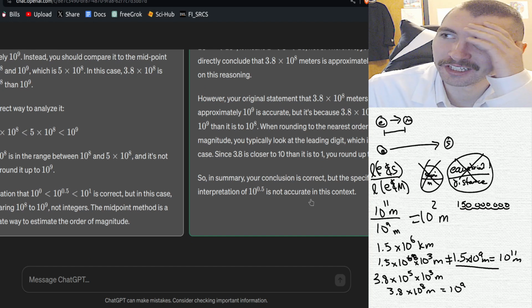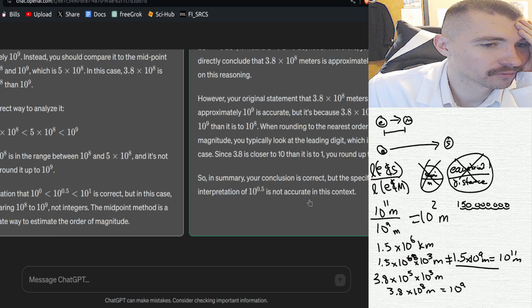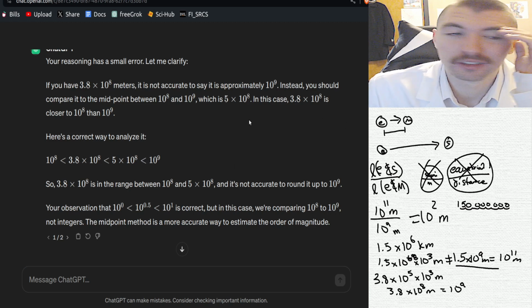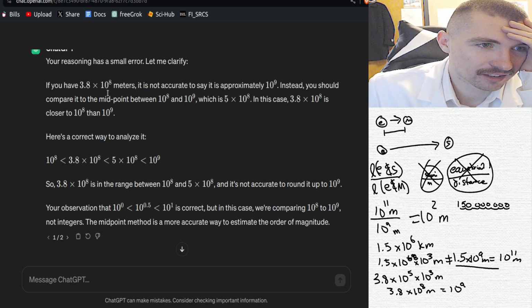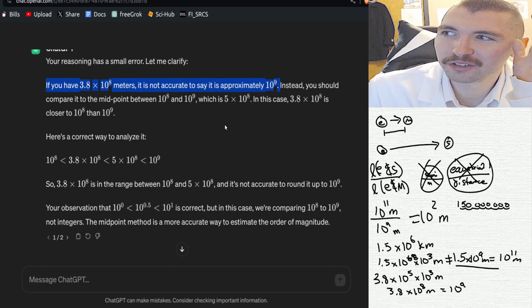Oh man, this is head splitting. I think this makes more sense. If you have 3.8 meters, it's not accurate to say it is 10 to the 9. So intuitively, I side with this.